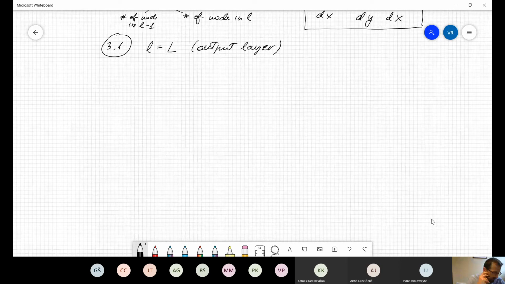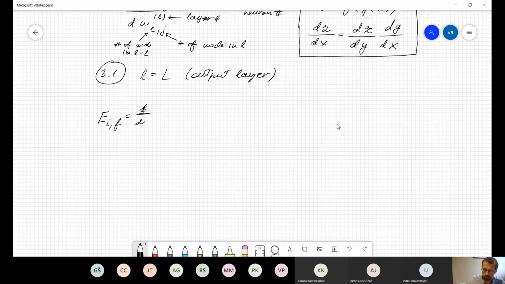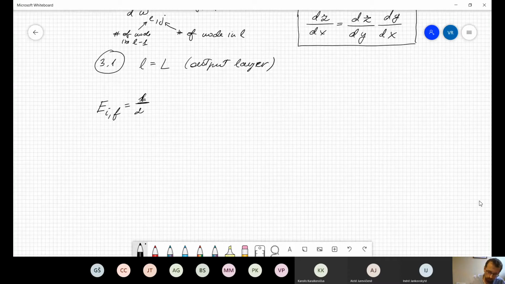So let's take a look at how we calculate the local error. The local error is calculated by one half, since we have defined for ourselves the error function: half of the difference squared.